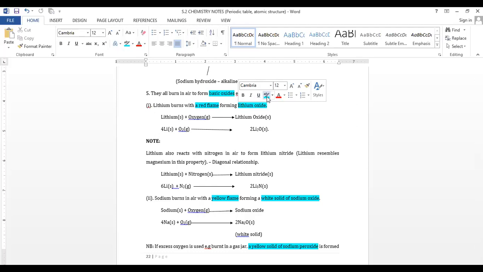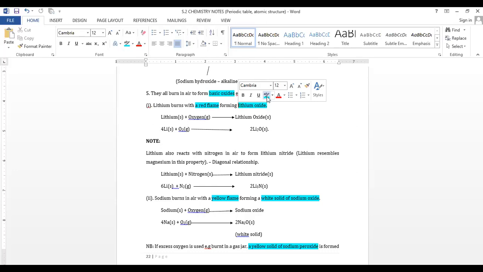Now, the only challenge or the only difference is for lithium, it also likes nitrogen. So when lithium is burning in the atmosphere, when lithium is being burnt, or maybe when it's being heated on top of a Bunsen flame, it also combines with nitrogen.